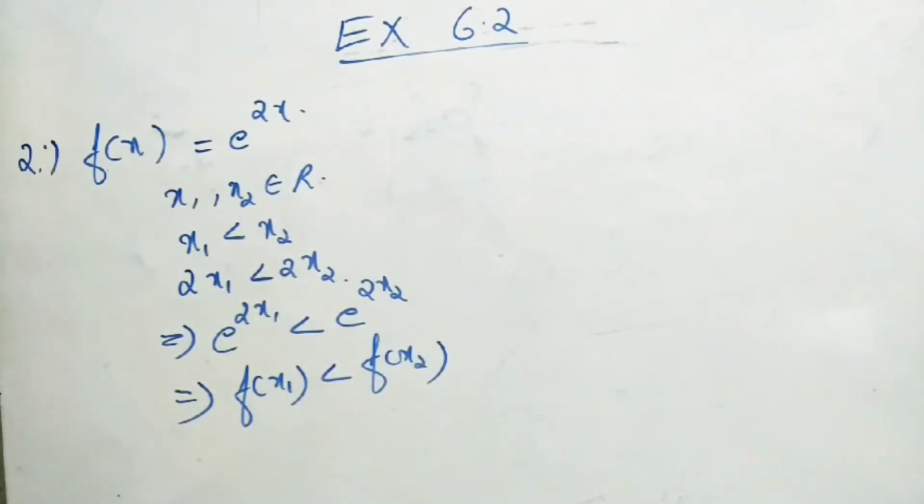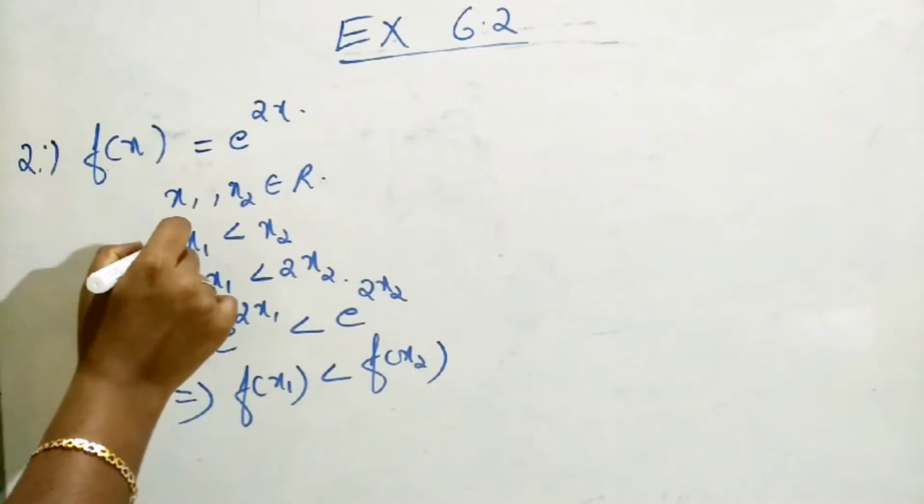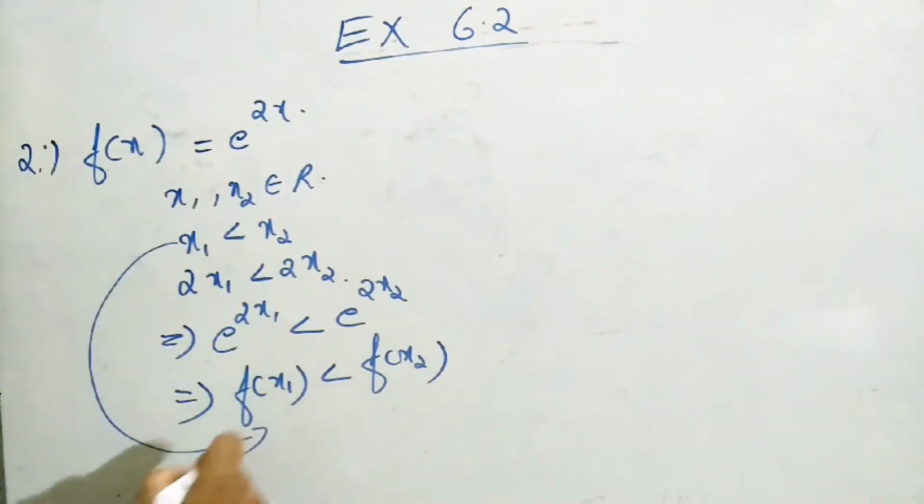So if x1 is less than x2, then f of x1 is less than f of x2. Hence, f is strictly increasing on capital R.